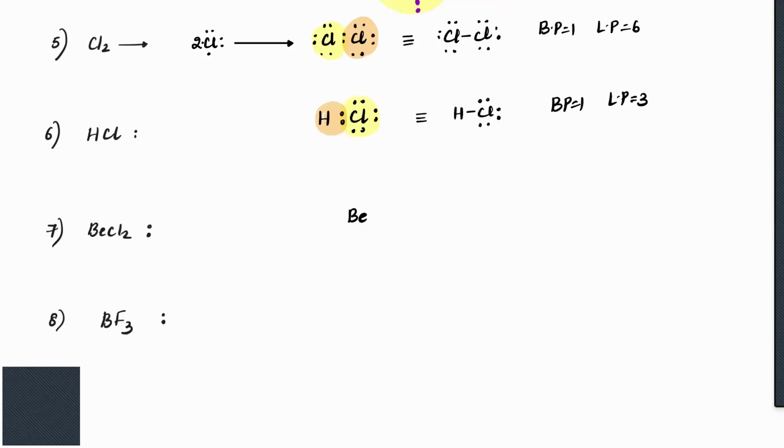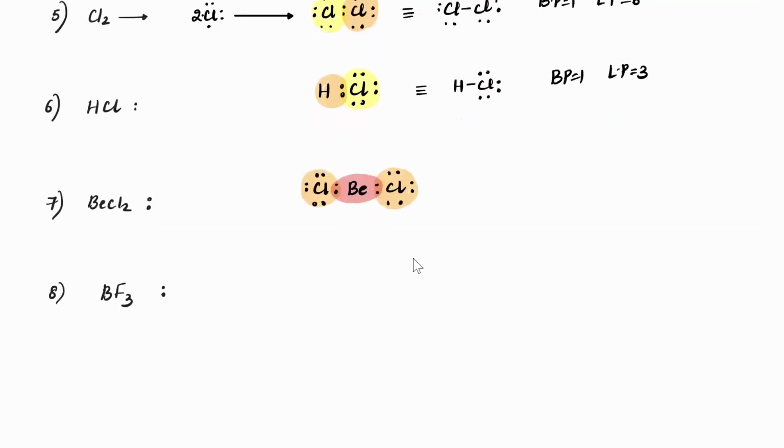Now, what is interesting about beryllium is that no matter how much you try, it has only 2 electrons to share. So it will make only one pair here. So it is an octet incomplete species.